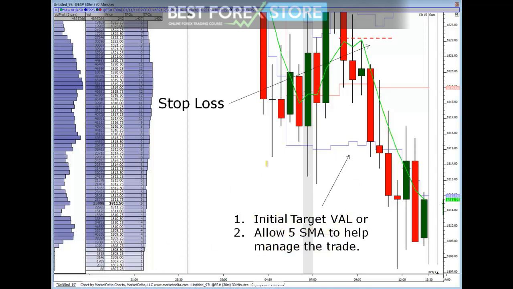Now, where is my stop loss risk management again? Well, if I would have entered in this bar here, the low of that bar would have been my first stop loss. If I would have entered here after this second candle, this would be my stop loss.